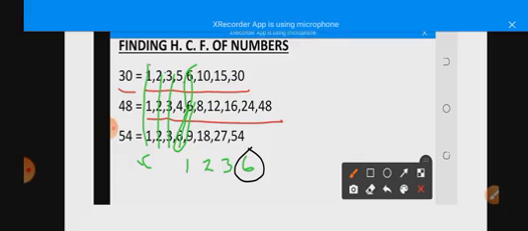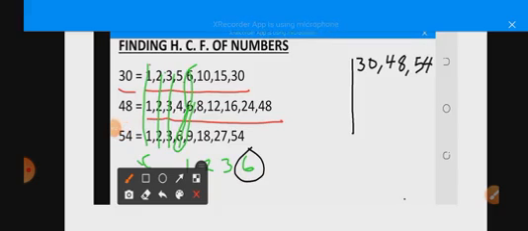That is a long process: writing the factors of 30, 48 and 54, and then looking out for the common factors. We need not do that. We are going to take an approach similar to that of LCM.